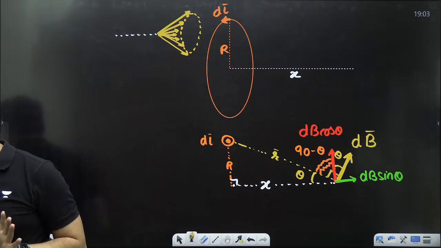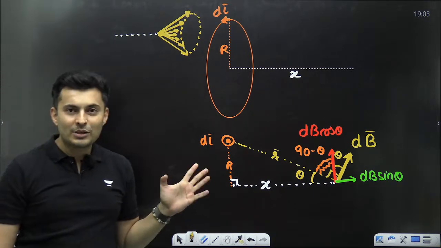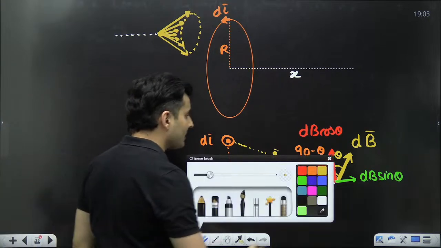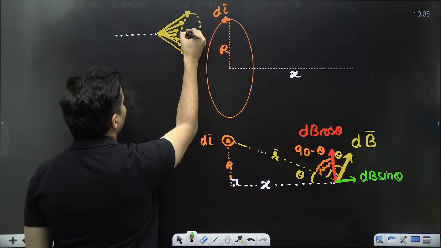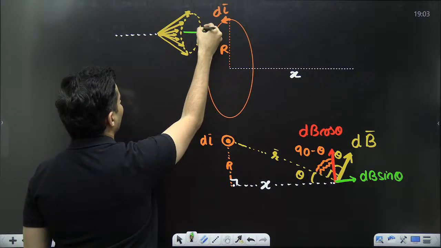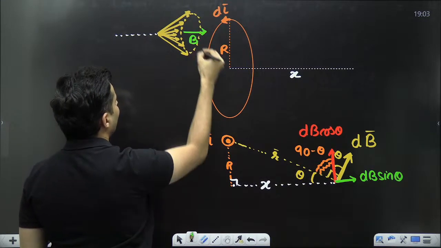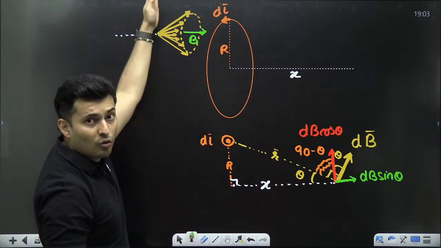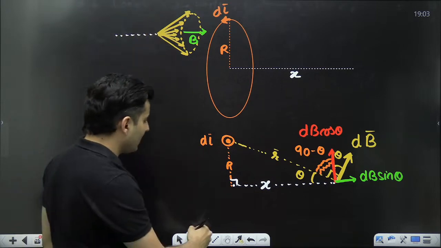So that means what? All these magnetic fields together will produce a resultant in this direction. Why? Because all these Y components will get cancelled. Think about it.